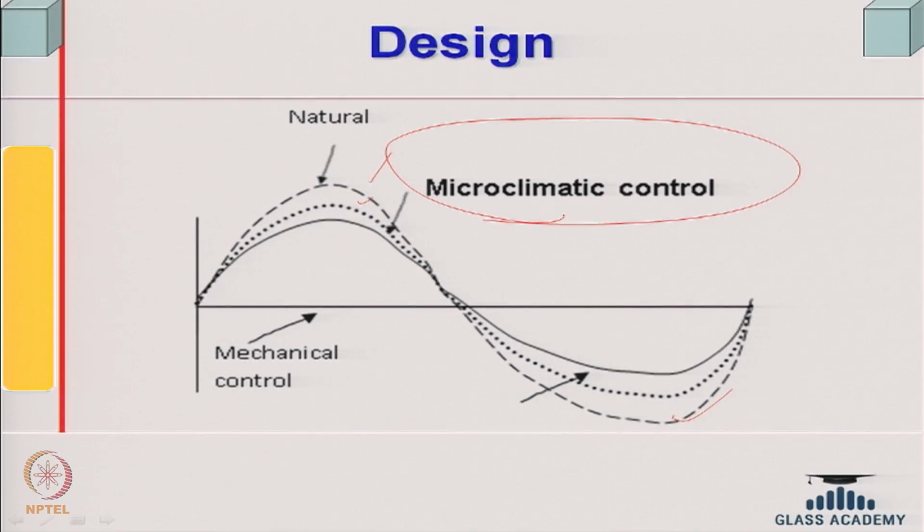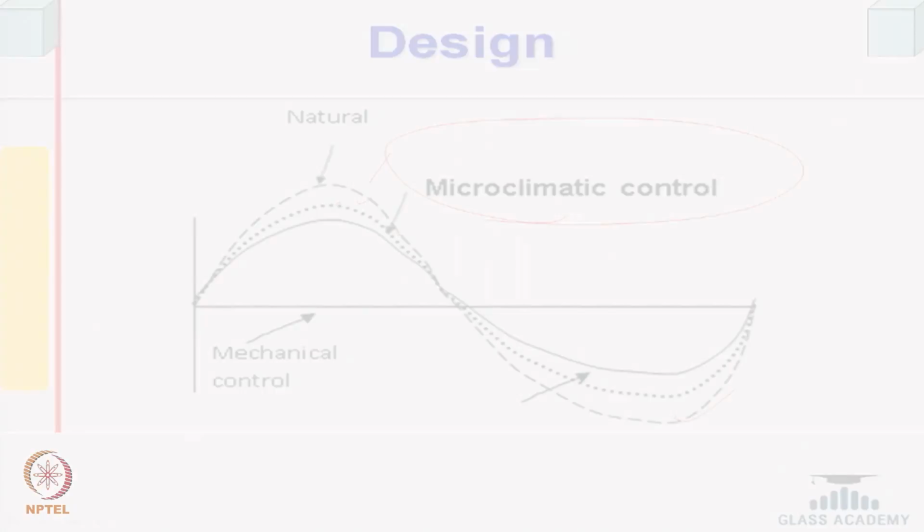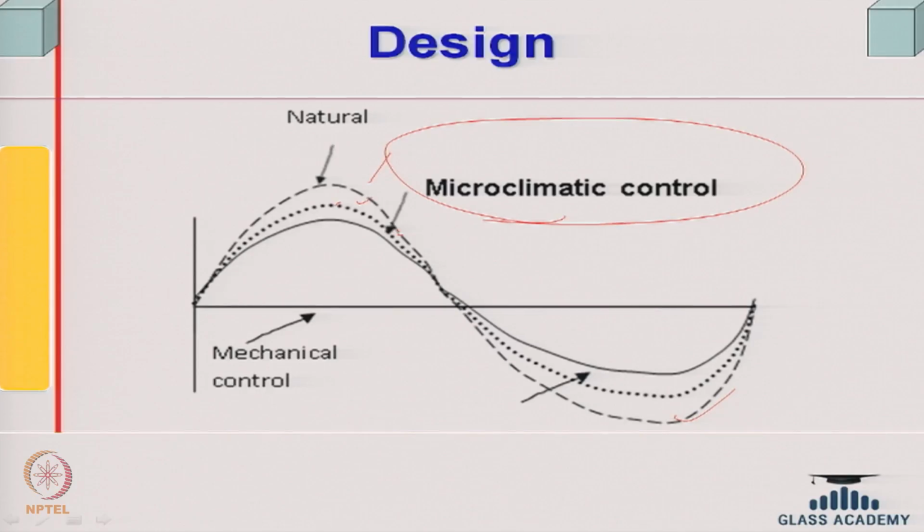So, I can, in city planning, urban planning, in fact, all aspects of functional planning or functional design of building starts from urban planning, including energy efficient building design. To start with, you can see that the surrounding temperature and humidity of the environment is modified, somewhat less variation will be there by microclimatic control.